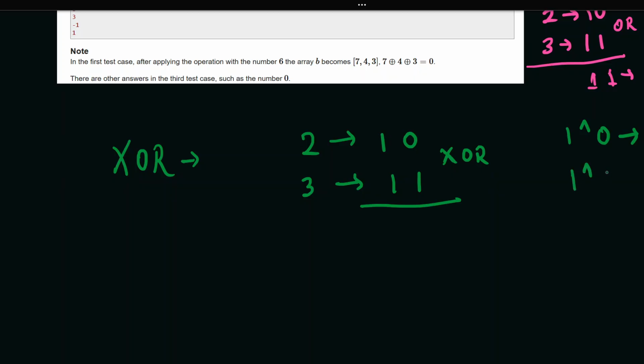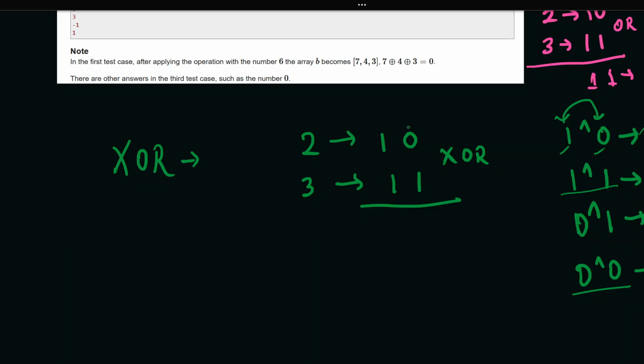If it is 1 XOR 1, it gives 0. If it is 0 XOR 1, it gives 1. If it is 0 XOR 0, it gives 0. So when there are two different values, 1 and 0, the result is always 1. If there are same values, then it is 0. That is the property of XOR.